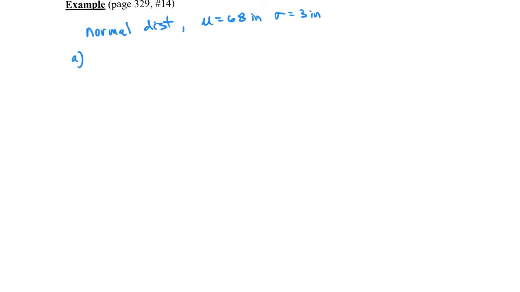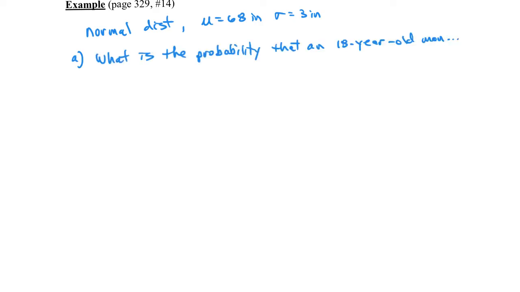Part A says, what is the probability that an 18-year-old man selected at random is between 67 and 69 inches tall? I'm going to write it up until the important part. The important part is here. What is the probability that an 18-year-old man, n is 1, right? That's just one person.